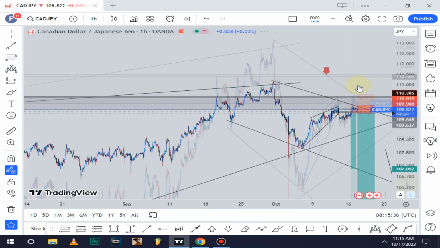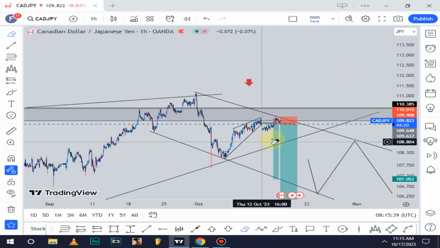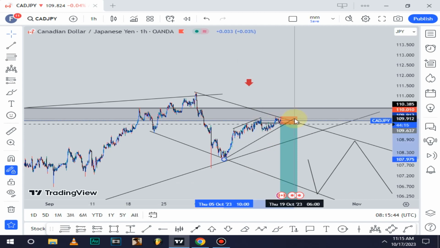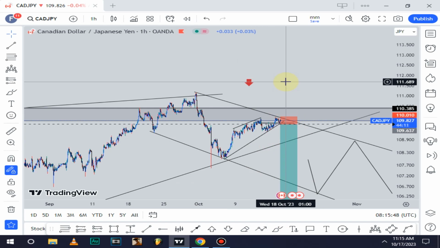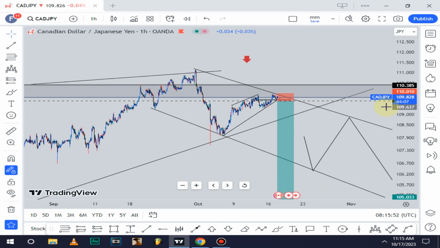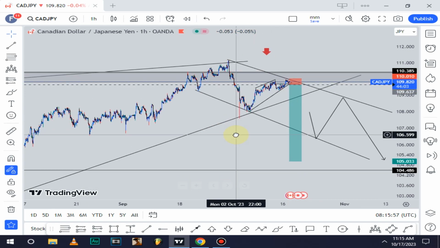So I had to go back and remove everything and try to understand what went wrong. I started reanalyzing this market once again. This is what I came up with. I did make that as my support trend line. With that I started trying to understand what happened, of course, because my analysis was looking great.